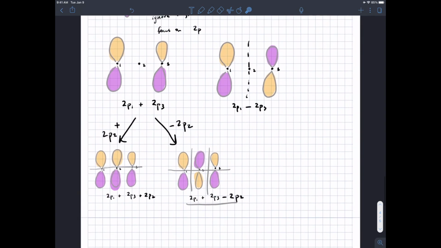To answer that question, really we're going to call this all in-phase combination pi 1. That is the lowest energy orbital because it has 0 of these vertical nodes. We'll call this one pi 3 because it has 2 vertical nodes.